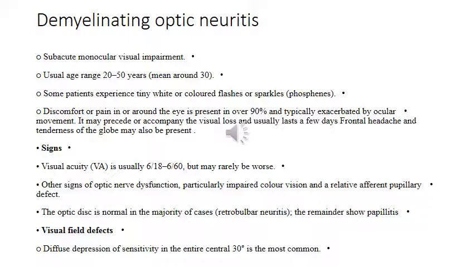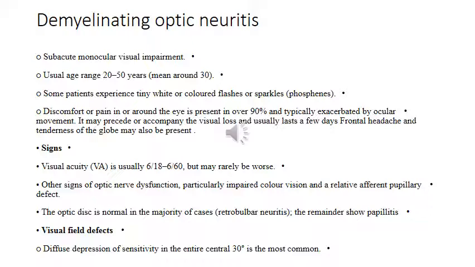What the patient describes is usually a phenomenon we call phosphenes. What we mean by phosphenes, the patient usually experiences tiny white or colored flashes or sparkles experienced through their visual axis.